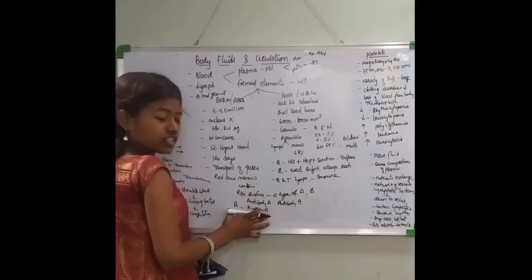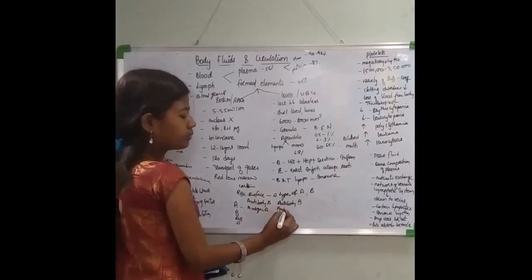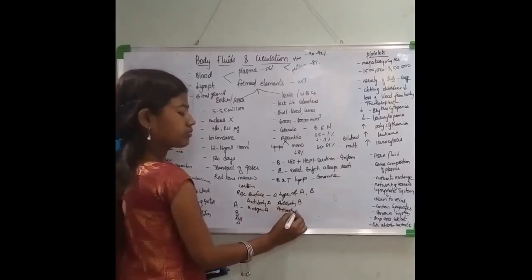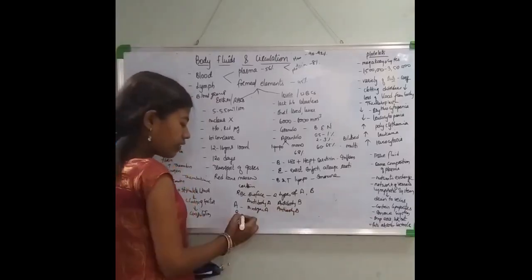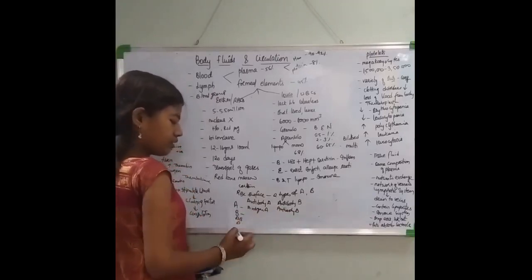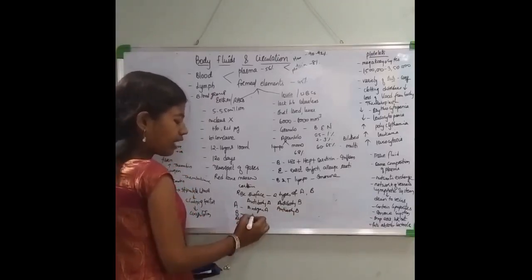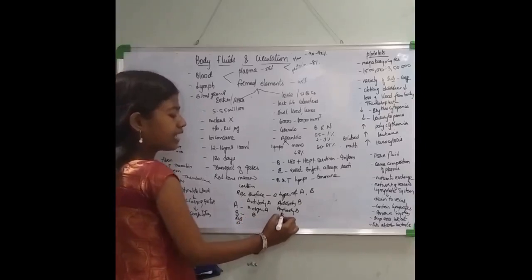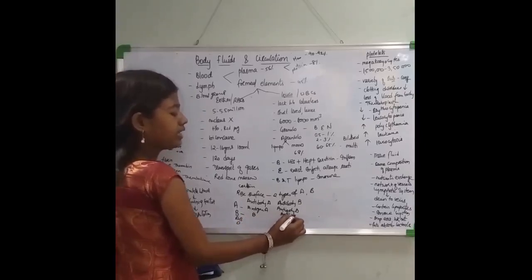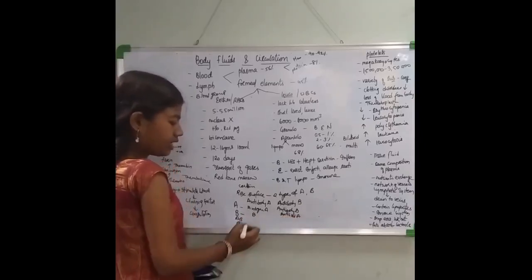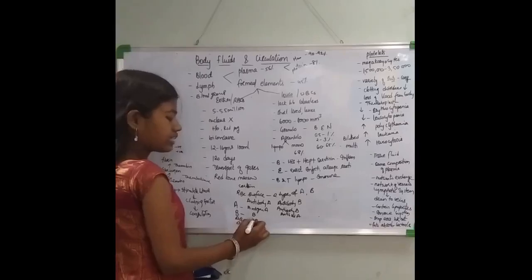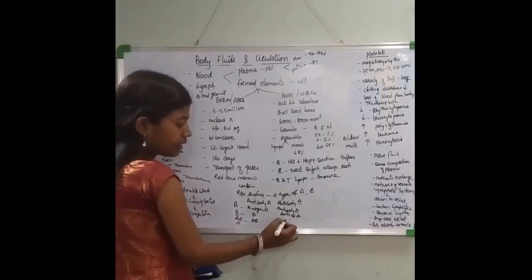If there is an antigen A, you will have antibody B. Clear? Now, if there is a B blood group, you will have antigen B, whereas the antibody will be A. AB, same, both antigens, there will be no antibody.